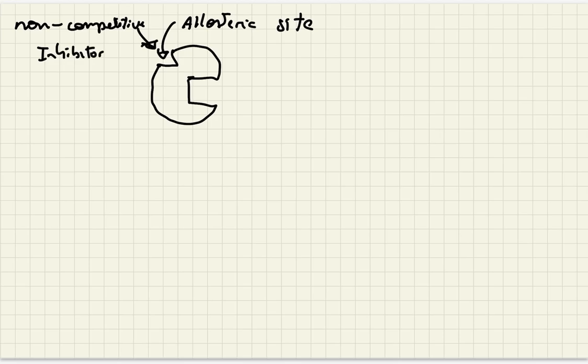Now, if it does attach, look what happens. It changes the active site. You see how it went from a nice smooth square to having these little zigzags. That was just because you attached the inhibitor to the allosteric site.